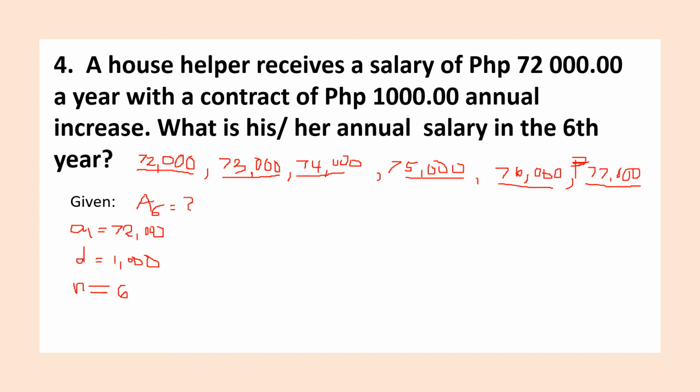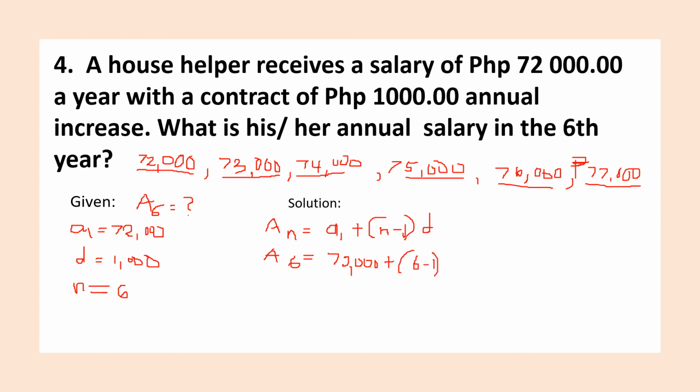Okay, so using our formula, which is the A sub N, yung nth term, is equal to A sub 1 plus the quantity of N minus 1 times D. So, A sub 6 ang unknown is equal to, substitute, the value of A sub 1 is 72,000 plus yung N natin ay 6. So, that is 6 minus 1.